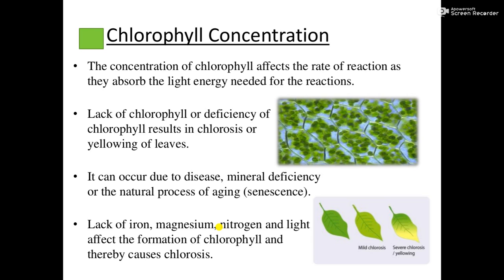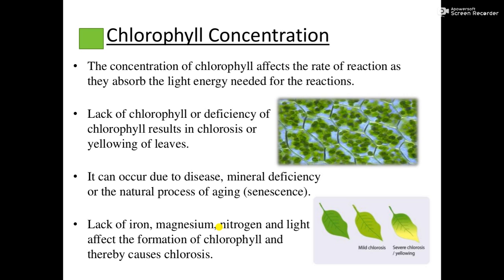Next point is chlorophyll concentration. As we know, chlorophyll is the place where photosynthesis happens, so chlorophyll concentration is very important for photosynthesis. The concentration of chlorophyll affects the rate of reaction as they absorb the light energy needed for the reactions.